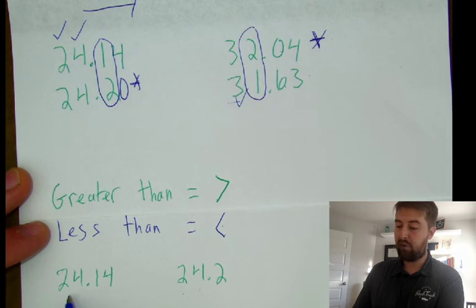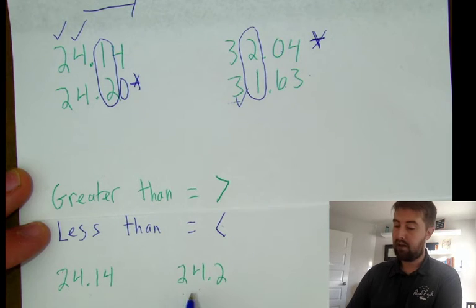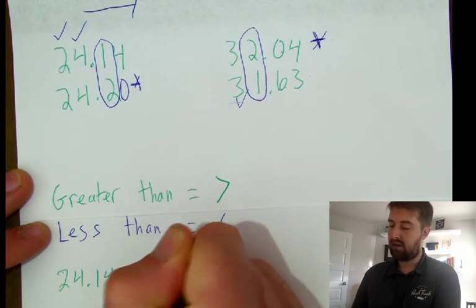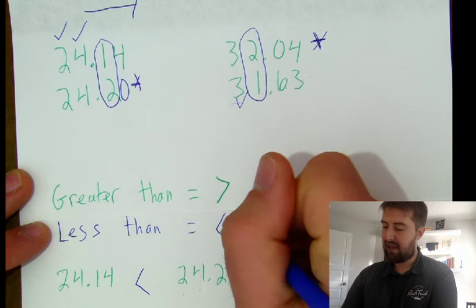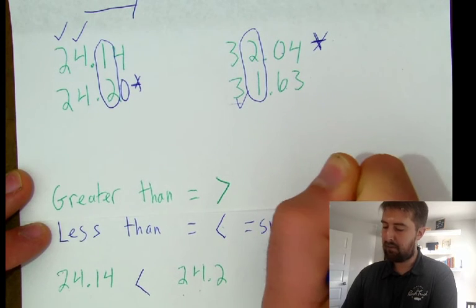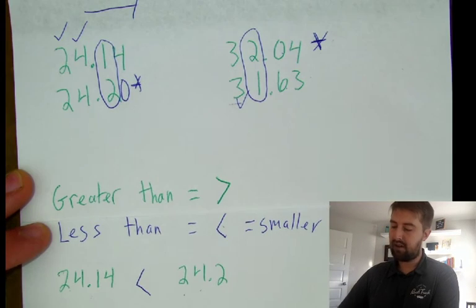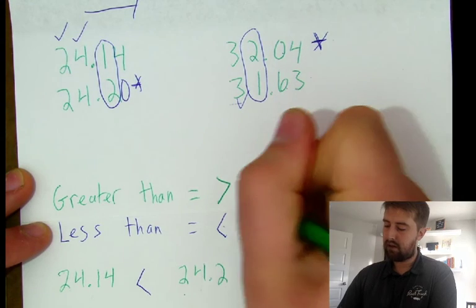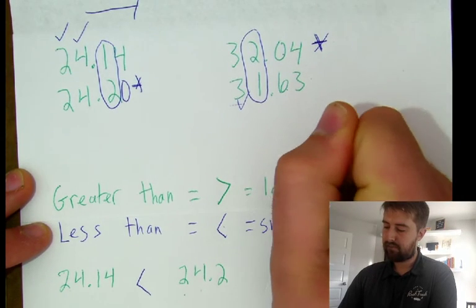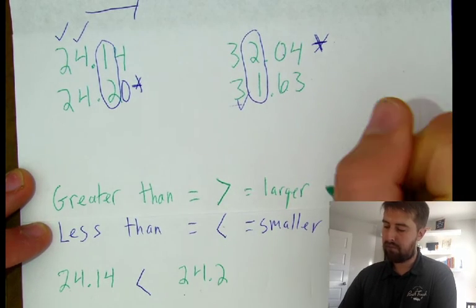So we'd say 24.14 is less than, because it's smaller, 24.2. I'll also put that less than equals smaller, and greater than equals larger, or bigger.